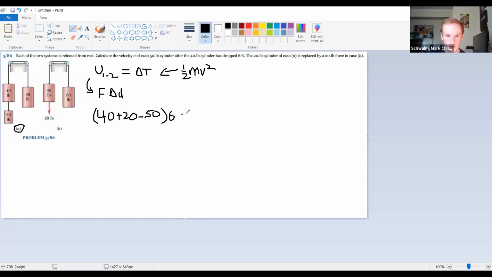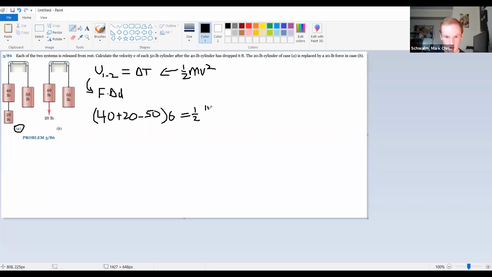And then come over here, this little 1/2 down there. This mass right here is going to be the mass for the total system. So we have 40 pounds, 20 pounds, 50 pounds, which in total will be 110 pounds.